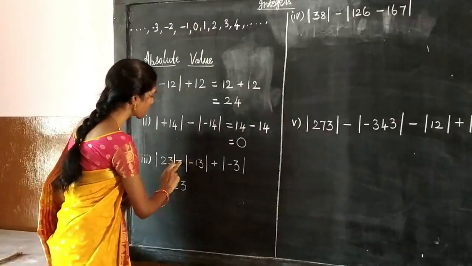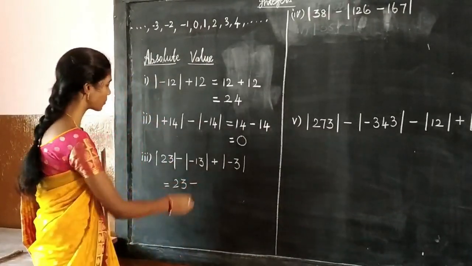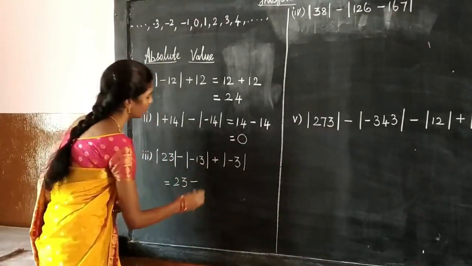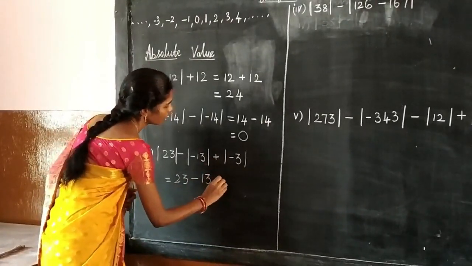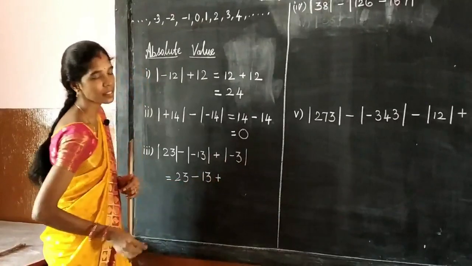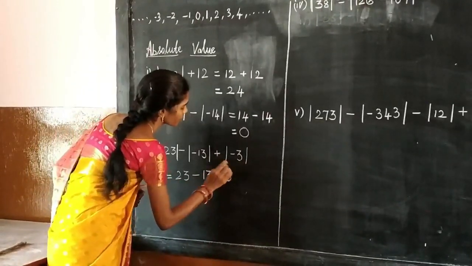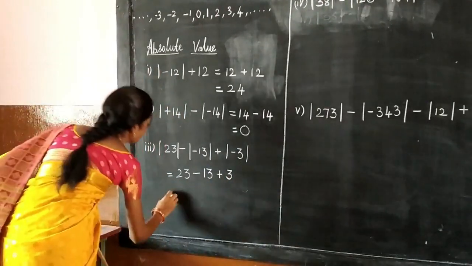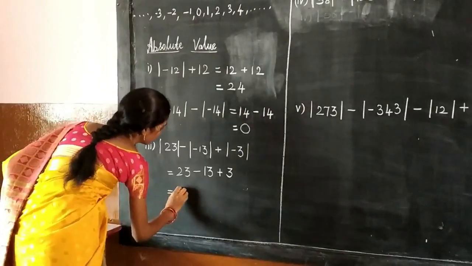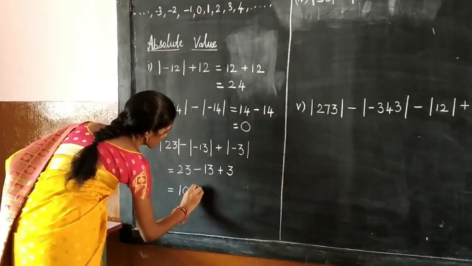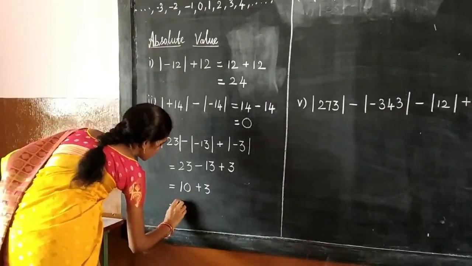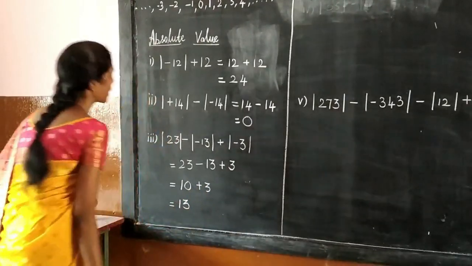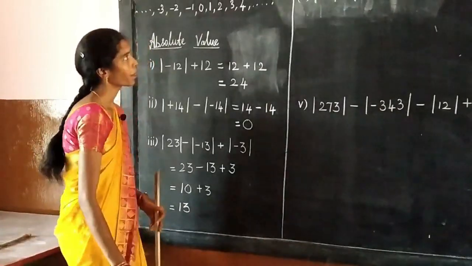Minus sign as it is, then absolute value of -13 is 13, plus sign, then absolute value of -3 is 3. Now, 23 minus 13 is 10, plus 3. So, 10 plus 3, 13. So, the answer is 13.